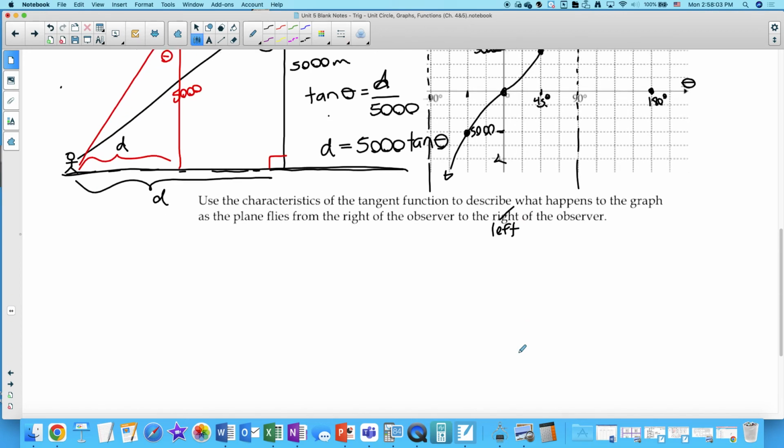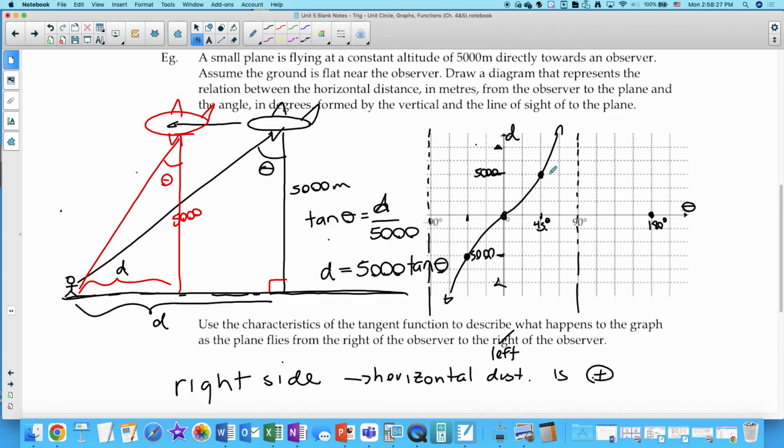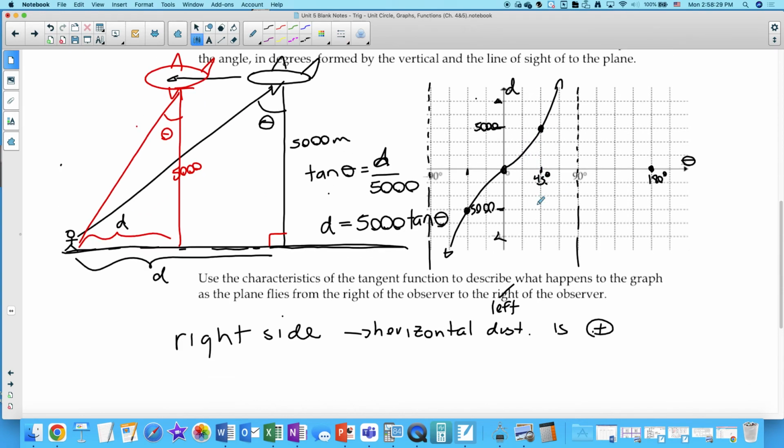So let's say when it's on the right side, that distance would be considered positive. The horizontal distance is positive. Okay, and the tan of that angle is also positive.